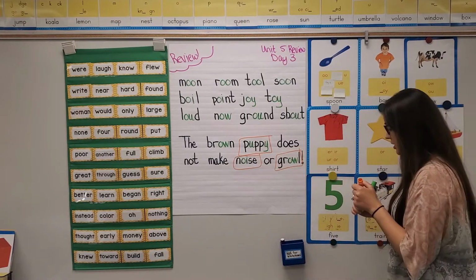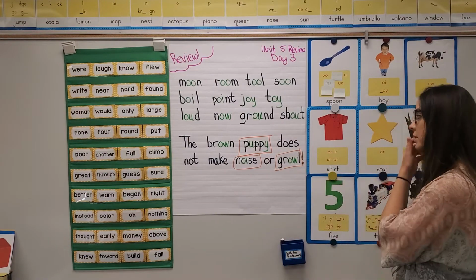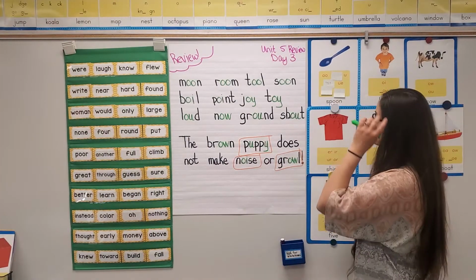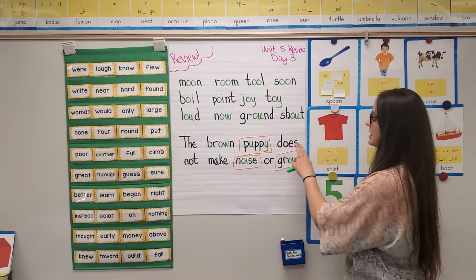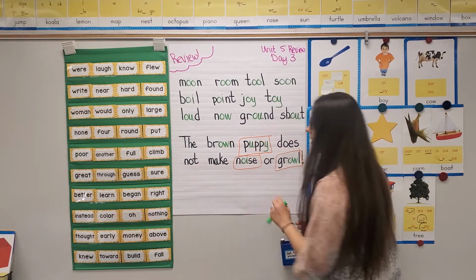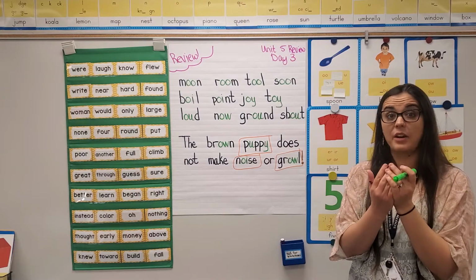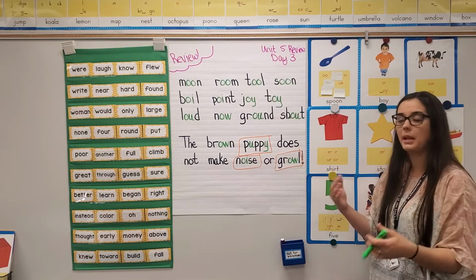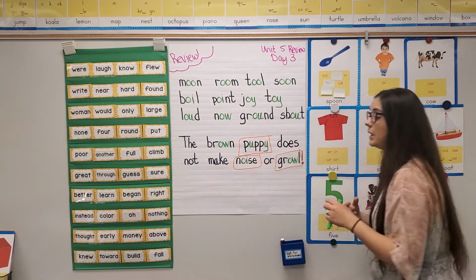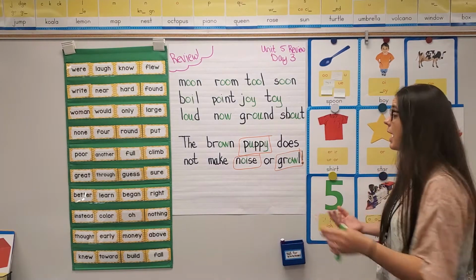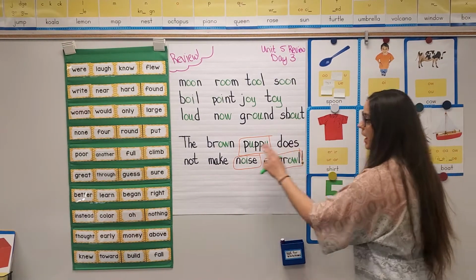Okay? So let's do our verbs. So, does not make. All three of those words together is describing what the brown puppy does, or does not do, okay?